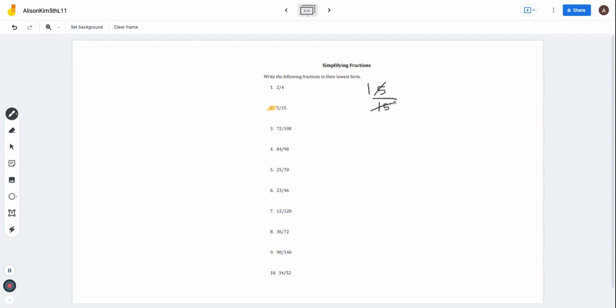And when we take out 5 from 15, we get 3 because 5 times 3 equals 15. So our simplified version of 5 over 15 will be 1/3. And that's your answer. You can check your answer by doing 1 over 3 times 5 over 5. And you should get 5 over 15. So 1/3 is your final answer.